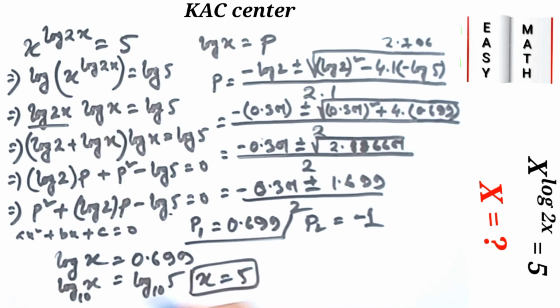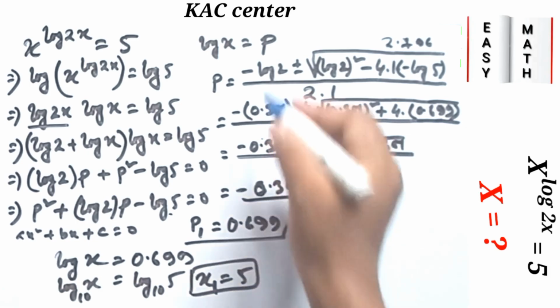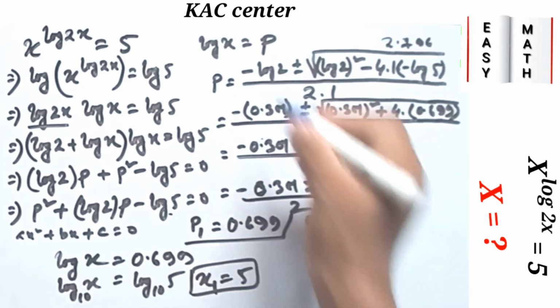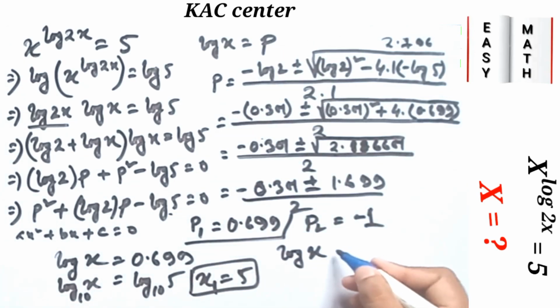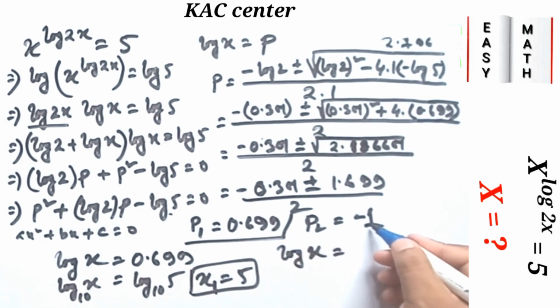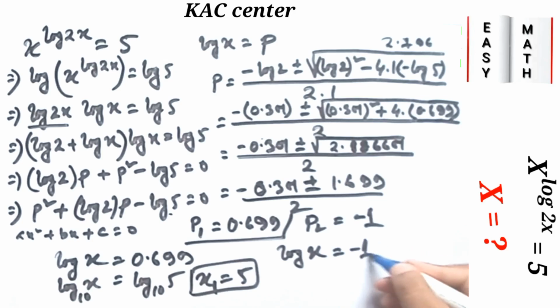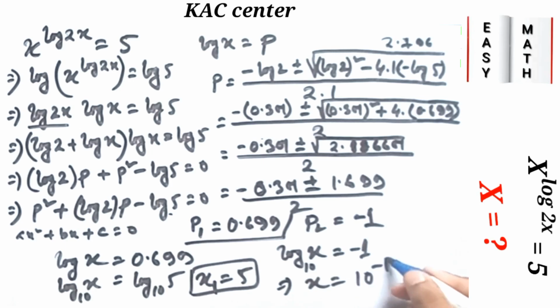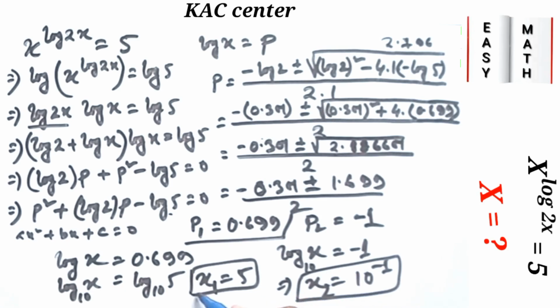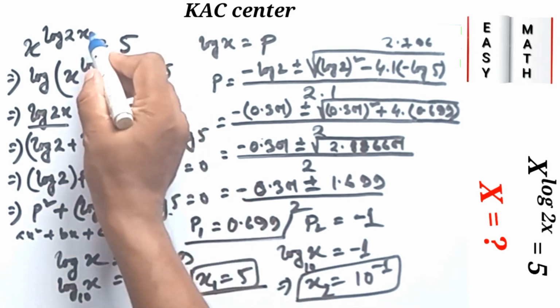So from here x1 is 5. And put here this value, so log x, and this value is minus 1, and if the base is 10, so you can write x is equal to minus 1, so x2 value is this and x1 value is this, so x value is this or this.